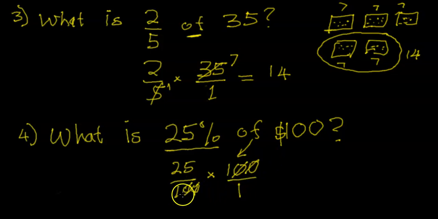Crossing out the zeros actually means you're dividing by either 10 or 100. So that's what it means. So this is 1, this is 1. So we have $25. So 25% of $100 is $25.